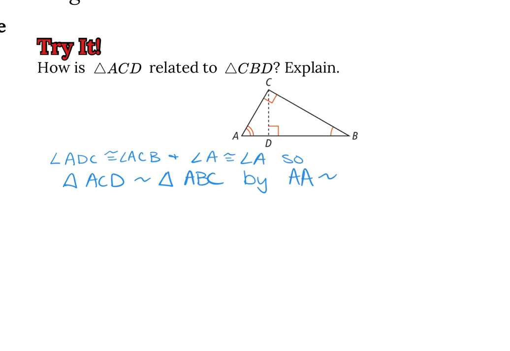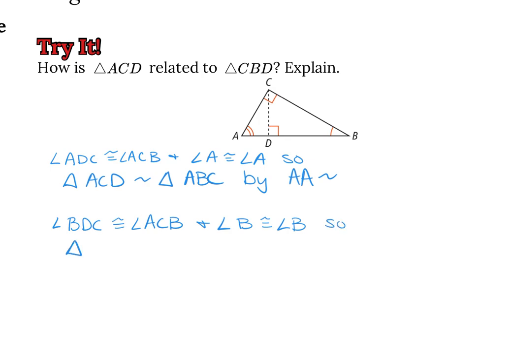Okay, our next one, we can show that angle BDC is congruent to angle ACB, and that angle B is congruent to angle B because they're the same angle.